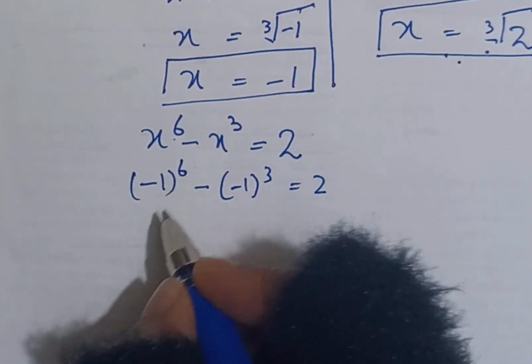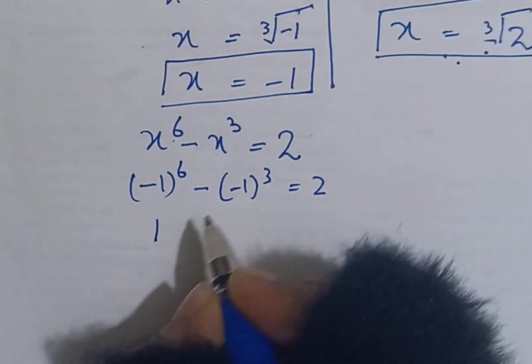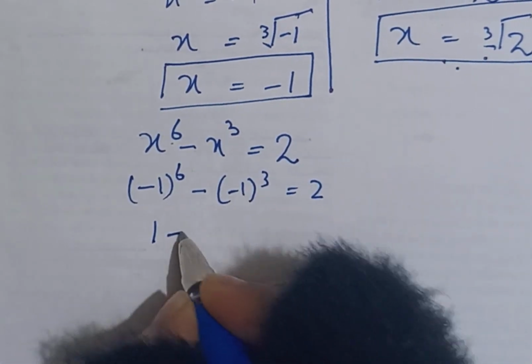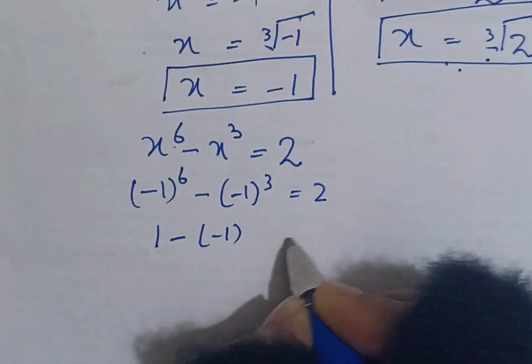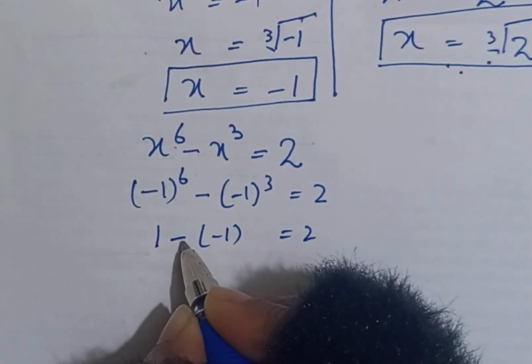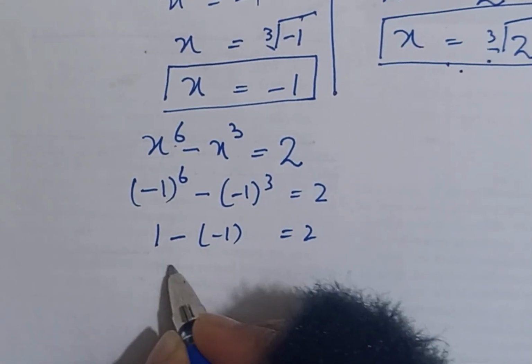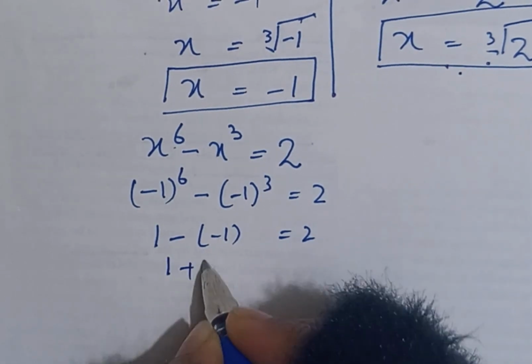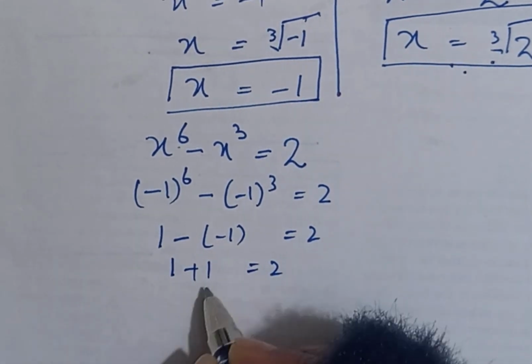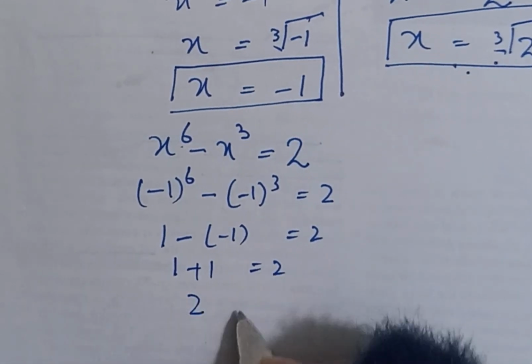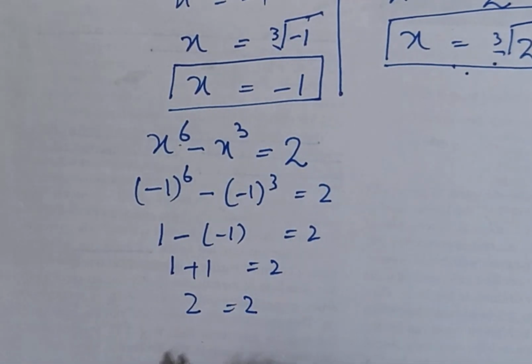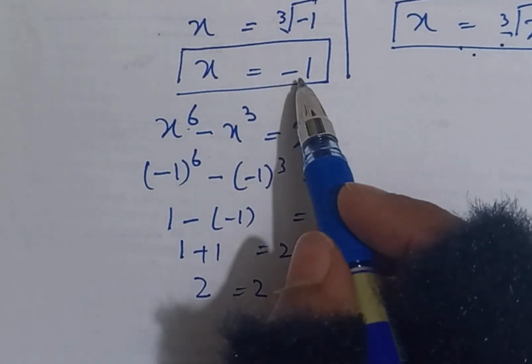So this will give us plus 1, and this will give us minus 1, and the minus becomes plus, so 1 plus 1 is 2. 2 is equal to 2. So the left hand side is equal to the right hand side. So one value of x is minus 1.